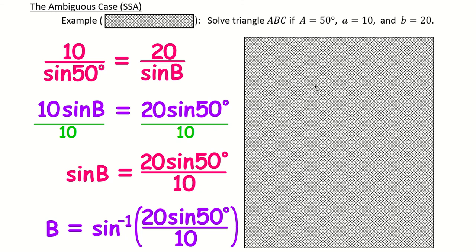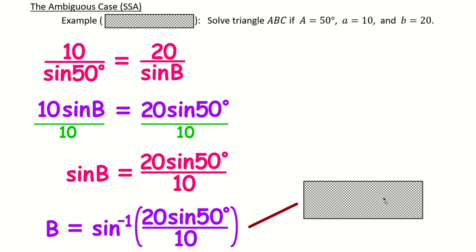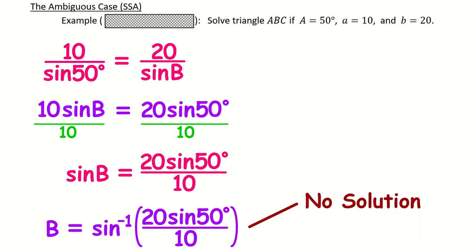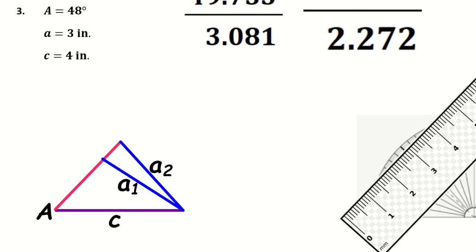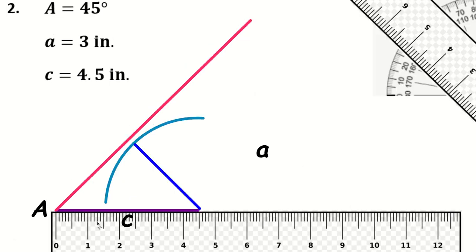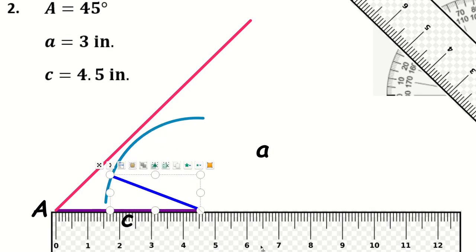All right. I hope there's not too much of an uproar going on, because it turns out that you get some kind of domain error or something like that. When that happens, there is no solution. It's like number 2 back here, where it just literally couldn't connect to make a triangle.